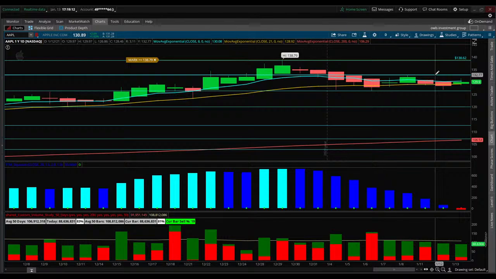But if you enter an Apple 135 call for this Friday, or a 134 or 133, and Apple has been trading in this range, well, theta is just eating up your contract because Apple is consolidating and cannot break the resistance. And if you're in puts, you're not even making money on your puts, if you have a weekly contract, because it hasn't broken support.